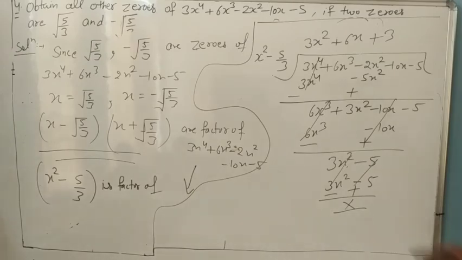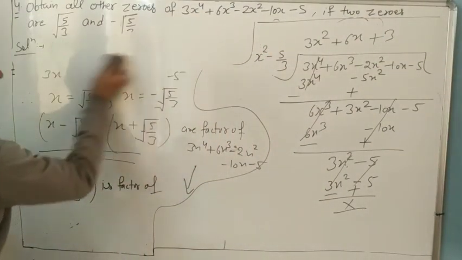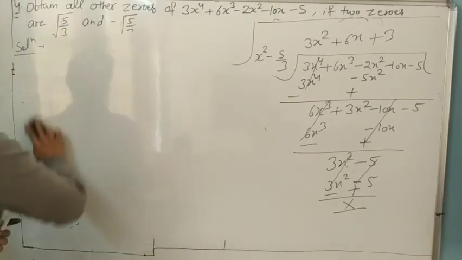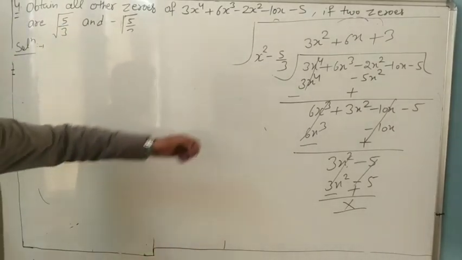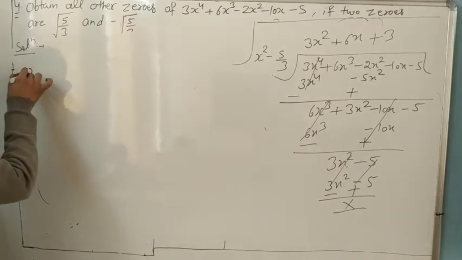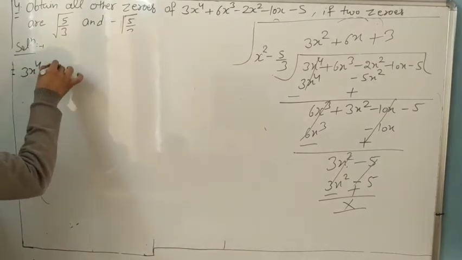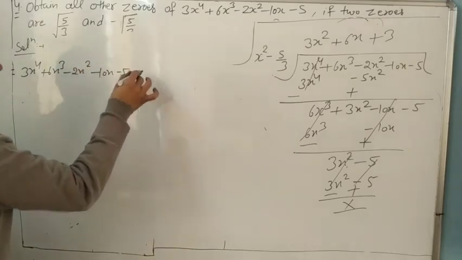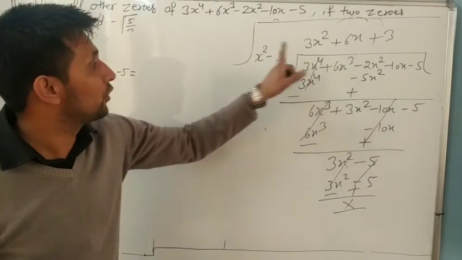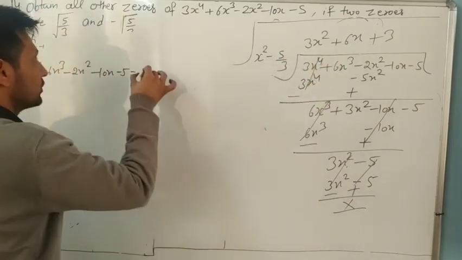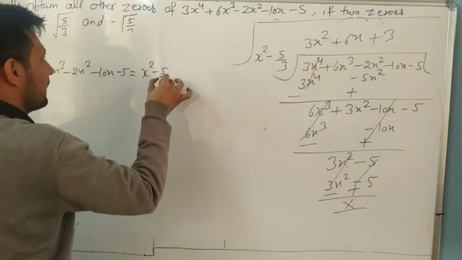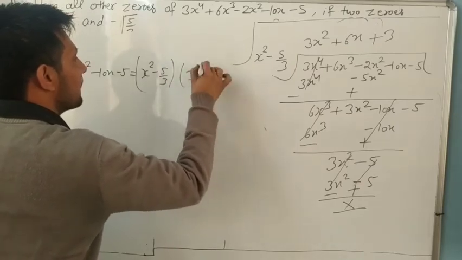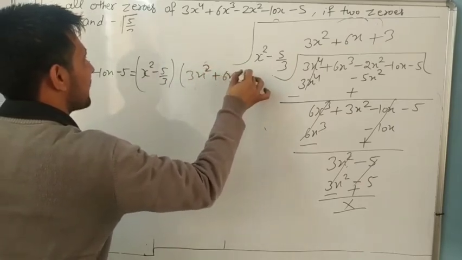So now look at, by the division algorithm, it means 3x^4 plus 6x cube minus 2x square minus 10x minus 5, dividend is always equal to divisor into quotient. That means x square minus 5 by 3 multiplied by 3x square plus 6x plus 3.